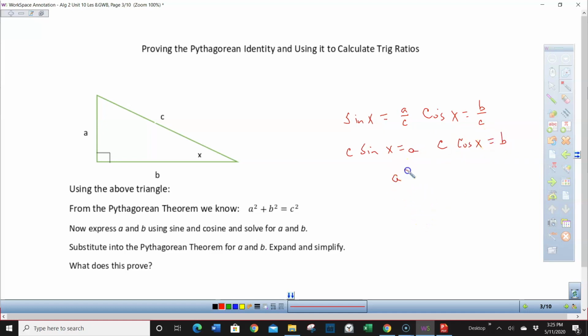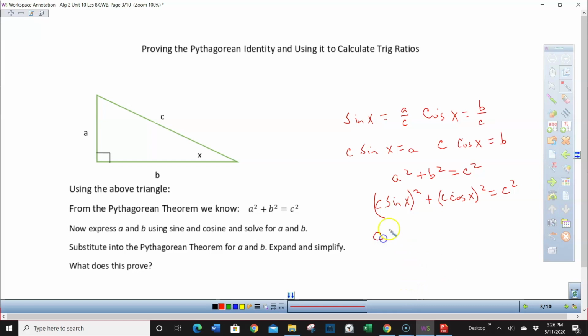Now, if we take the Pythagorean theorem and we substitute the c sine of x for a, that's going to be c sine of x squared, and c cosine x squared for b, and then that equals c squared.